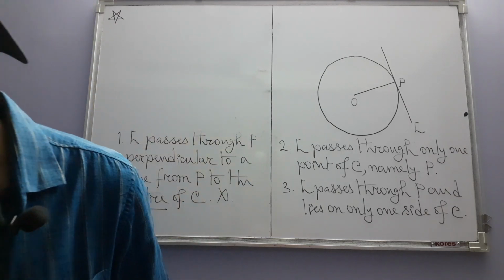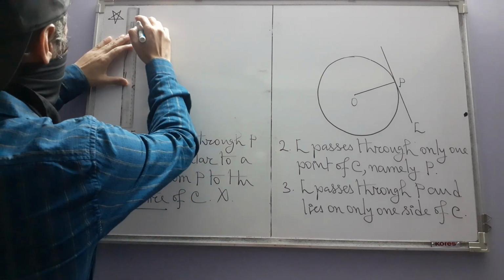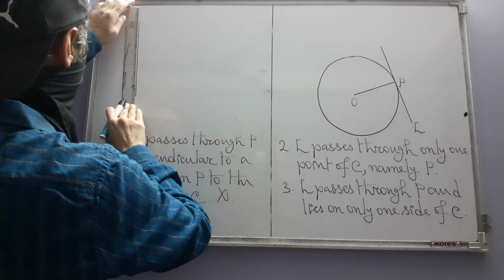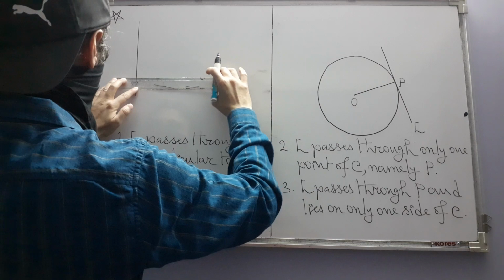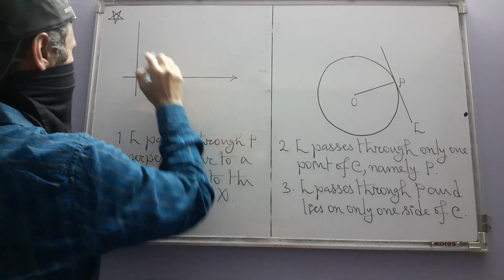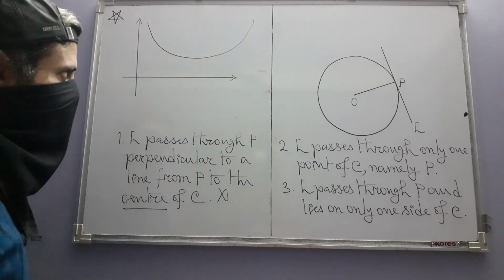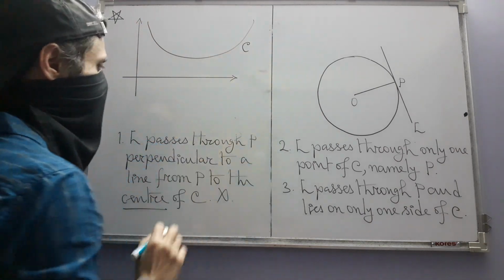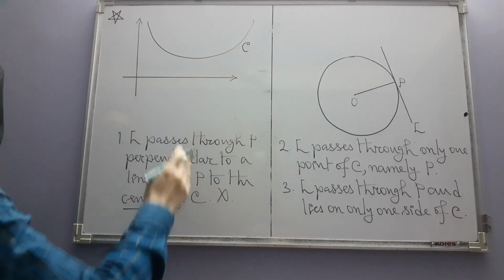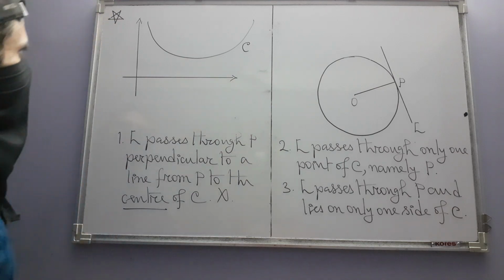For example, you can take this curve. Let's also show the coordinate axes, y-axis and x-axis. Suppose this is our curve C, which is not a circle. Say for example it's a parabolic curve, a parabola.